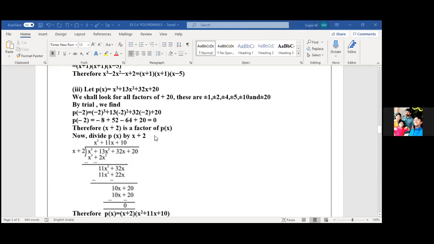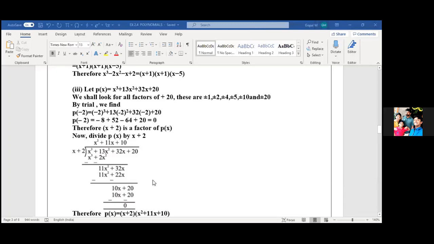Am I clear, children? Yes, ma'am. So we got one factor. Now from that factor, we'll divide the polynomial p of x. If I divide the polynomial p of x, I got quotient as x square plus 11x plus 10. Am I clear, children? Yes, ma'am.